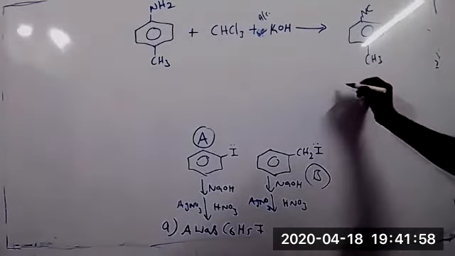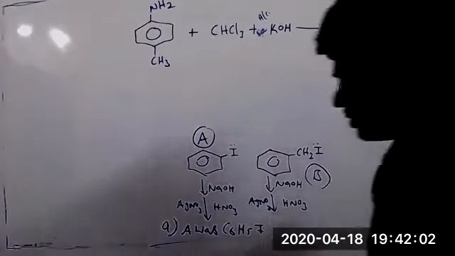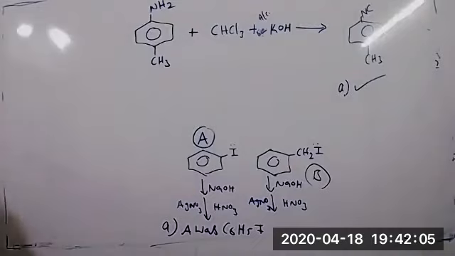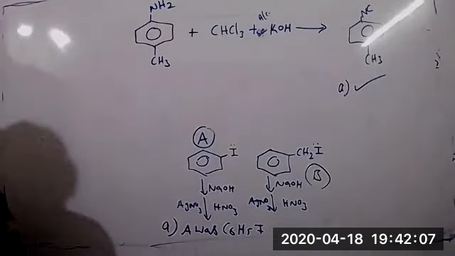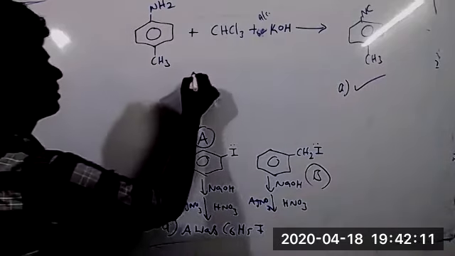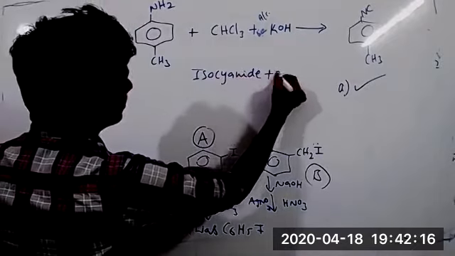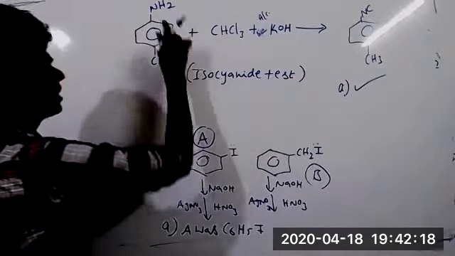Option A is correct. The test name is the isocyanide test. This is used for the identification of the NH2 group.